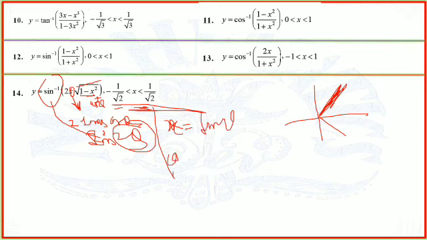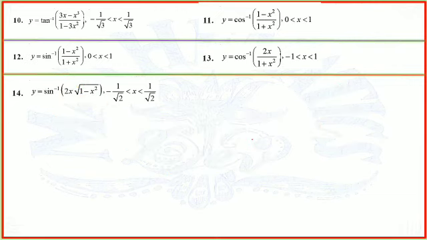So theta is equal to sine inverse x, and you know the differentiation of sine inverse x is 1 upon root 1 minus x square. So that is question number 14. And the next question is question number 15, where y is equal to sec inverse 1 upon 2x square minus 1.